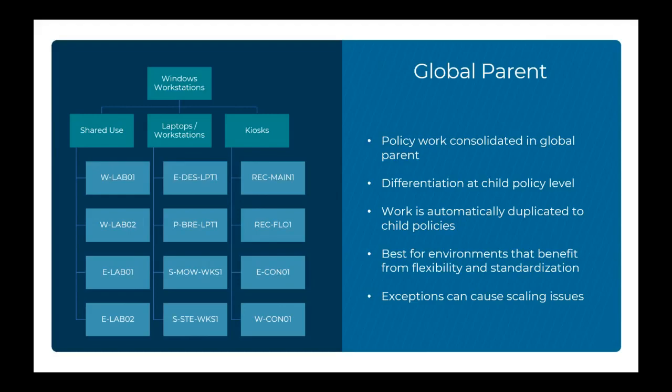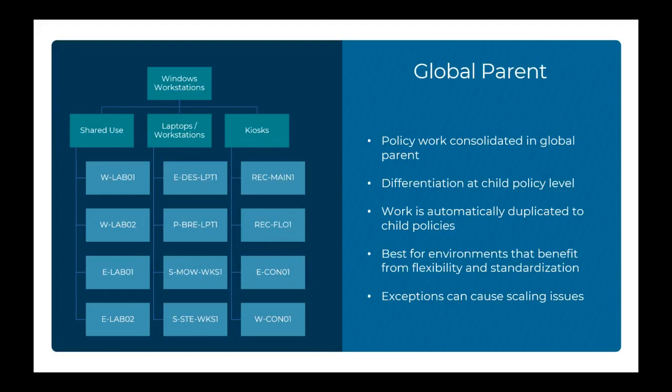So in this case, what we're doing is we're actually doing as much of our work as we can in that root policy, the Windows workstation policy in this case. We're going to put all of our conditions there, all of our scheduled scripts. We're going to have our default patching policy, our backup plans are all going to go there. And we're going to do all of the work there.